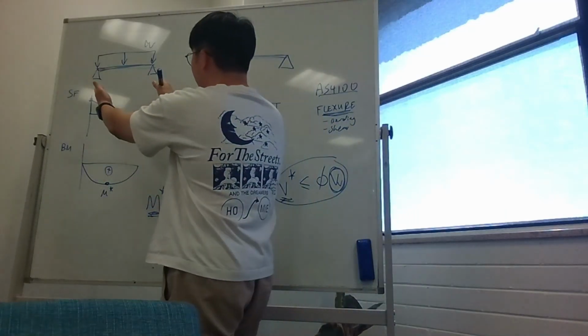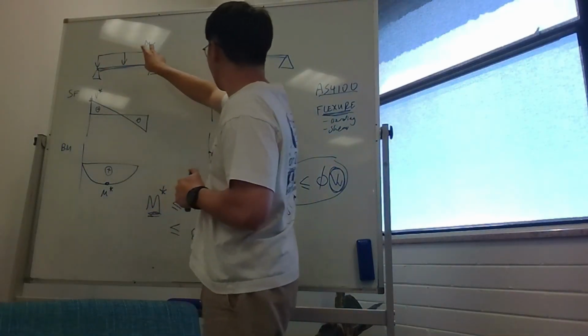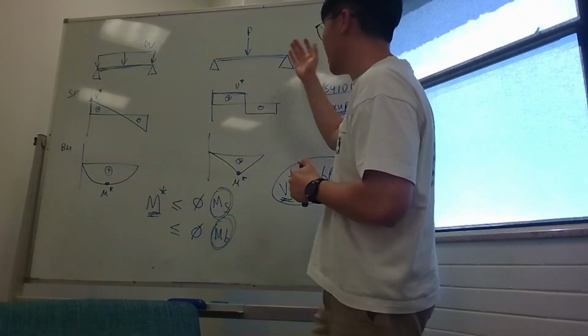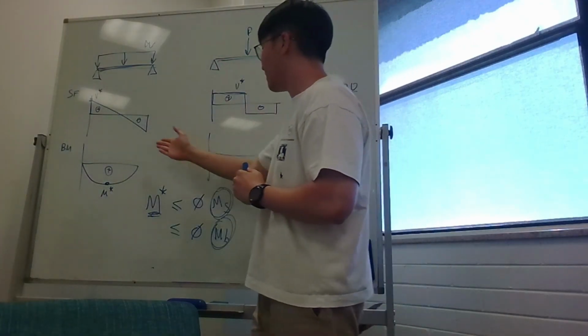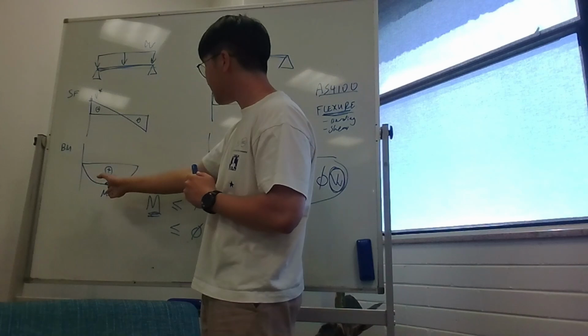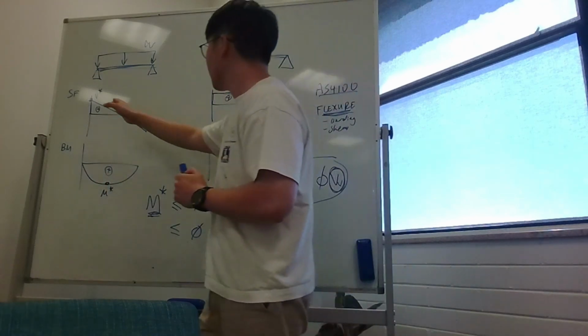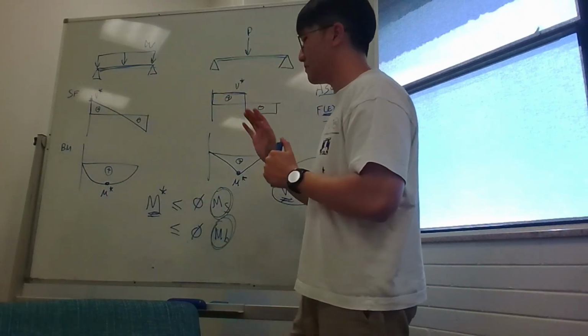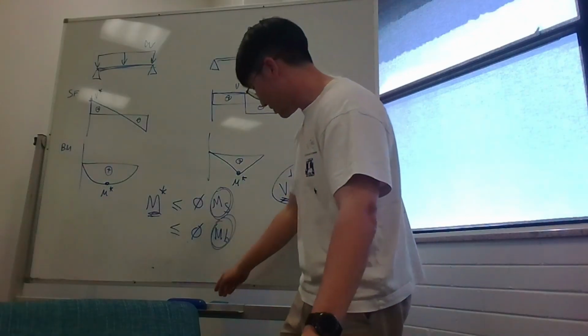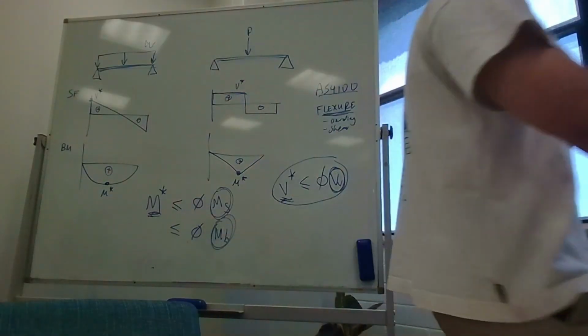For the case of a simple beam, where you have uniform loads and or a point load, two very common scenarios, you have the max bending moment in the middle for both of these, and you also have your max shear at the edges, right?